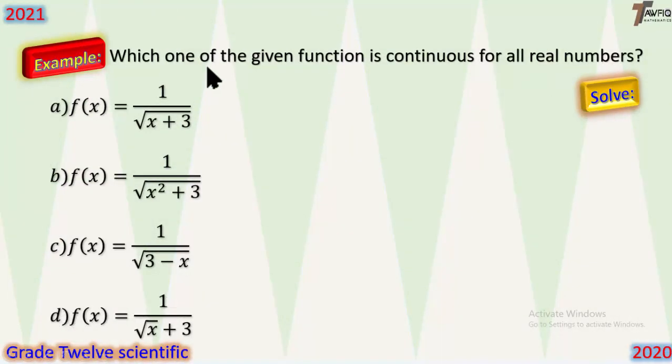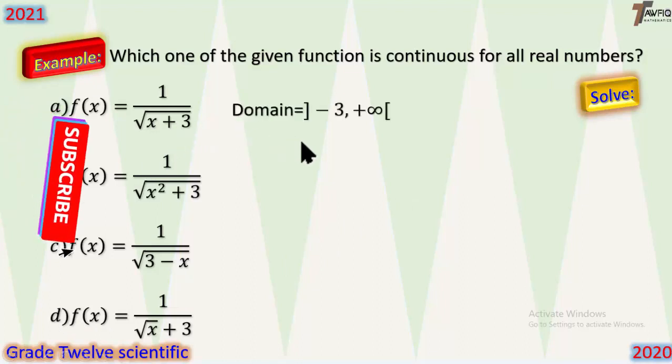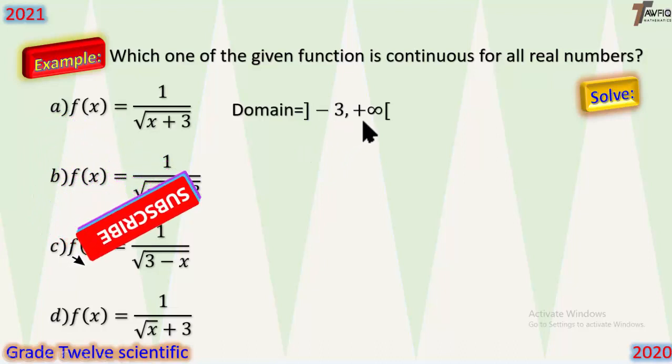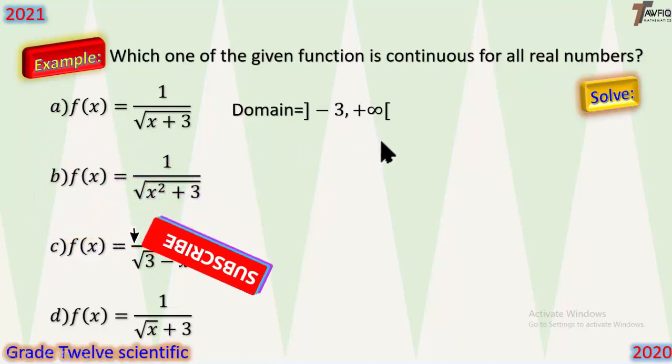Example: which one of the given functions is continuous for all real numbers? The domain of this function is minus 3 to positive infinity.